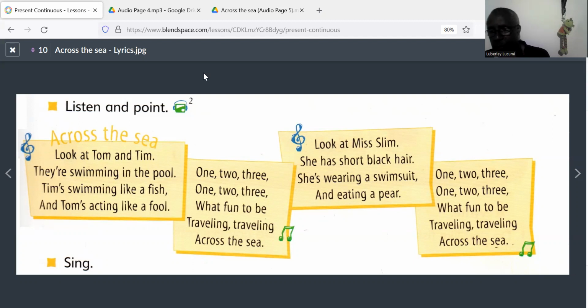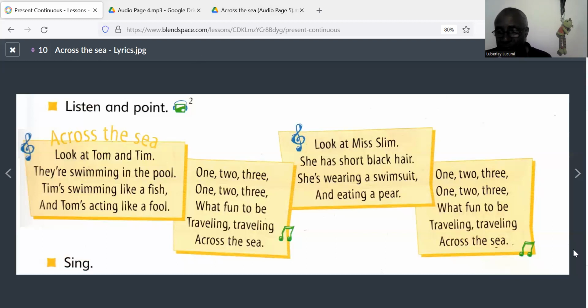Tell me, do you see any action in the fourth part of the lyrics? Yes, traveling. Just traveling? No more? Okay, just traveling. Thank you so much for your collaboration. You can recognize action in present continuous. That's okay. Good job.